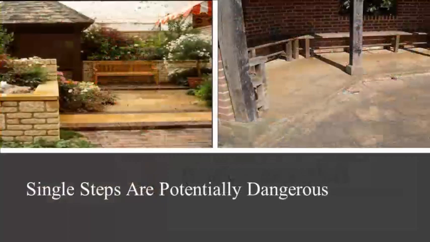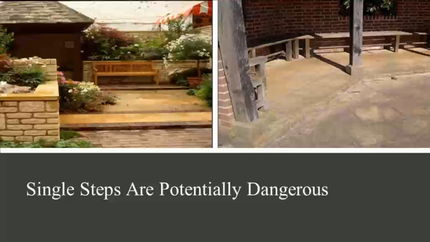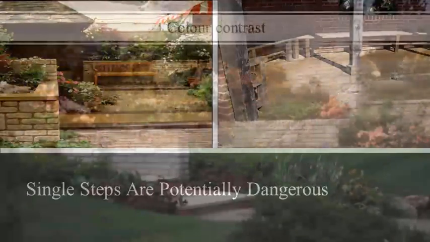Single steps are also a potential tripping hazard because the small change in level may not be noticed. If a single step is essential, ensure that contrasting colour and or texture of the paving gives adequate warning. The examples on the screen give either no warning or misleading signals.